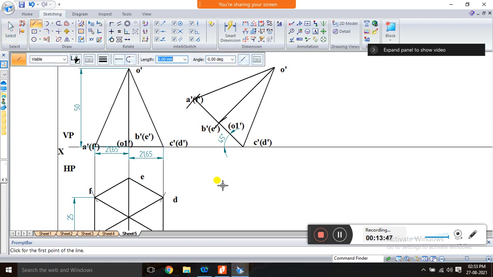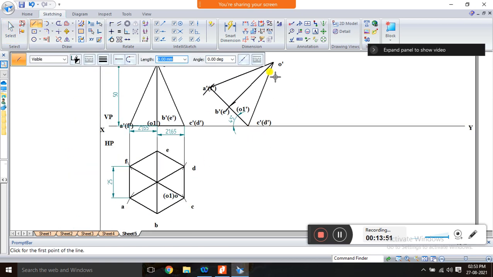So next you just draw a horizontal line and vertical lines for the top view, second position, top view. So like this, first draw all the vertical lines downward, because we need a top view.